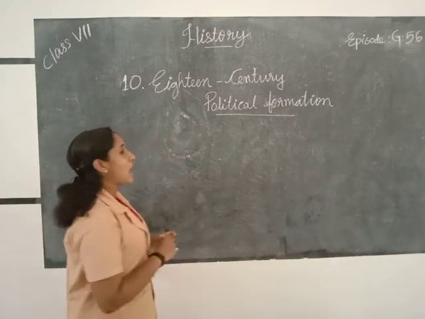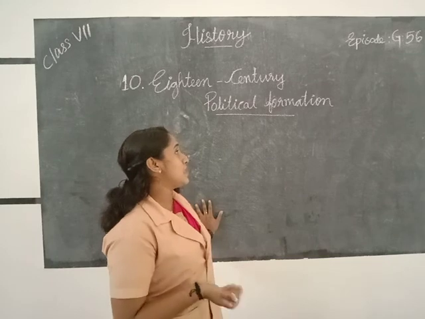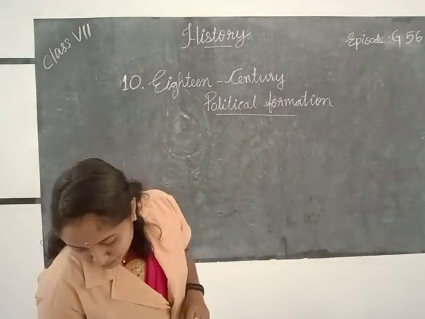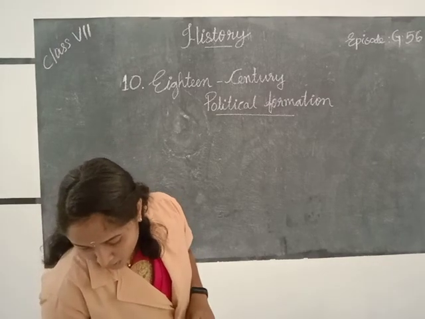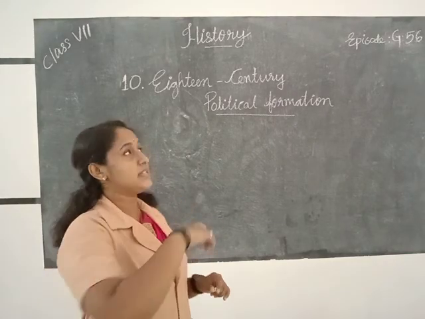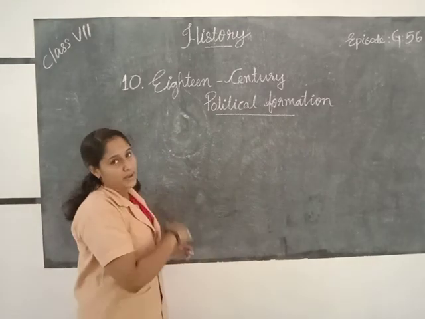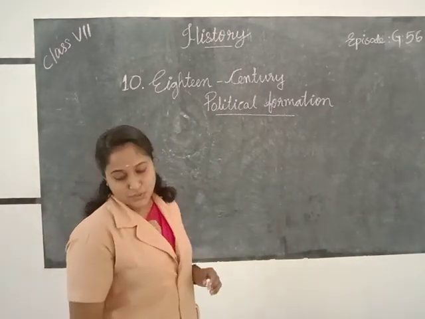How they started, or how the new independent kingdoms emerged, is what we discuss in this chapter. Okay, we can say that most of the places like Jaipur, Gujarat, Gwalior, Agra, Lucknow, the shape of that map is completely different from the past. That creates a new change in our history.